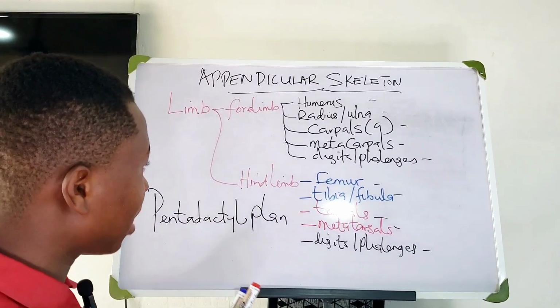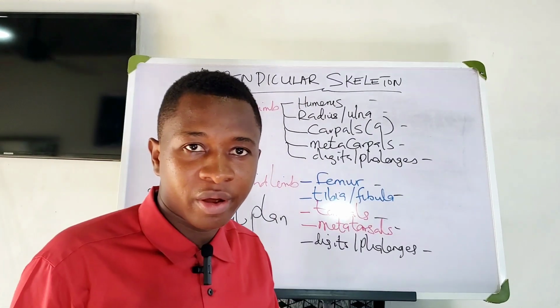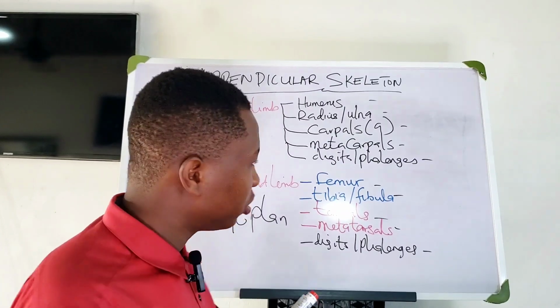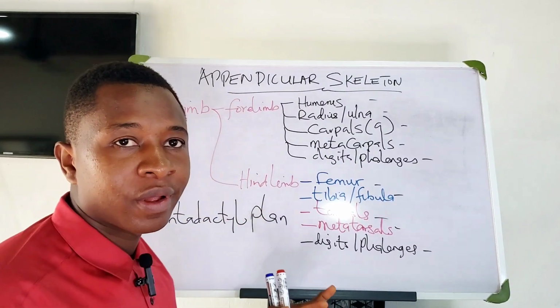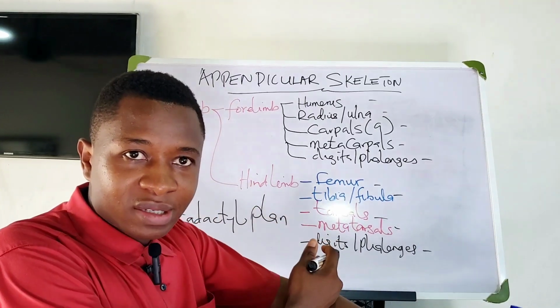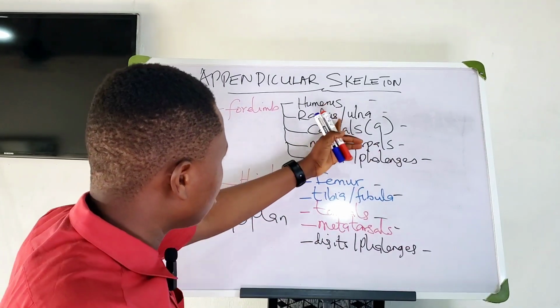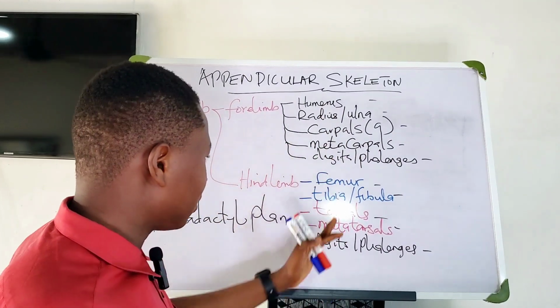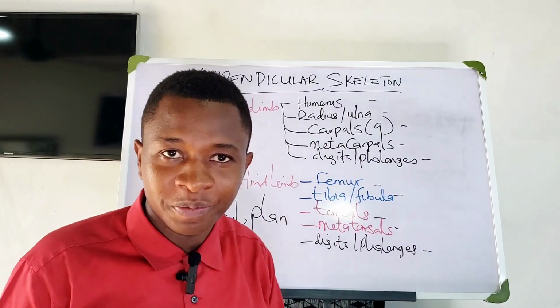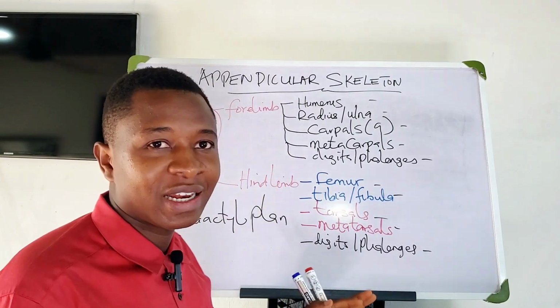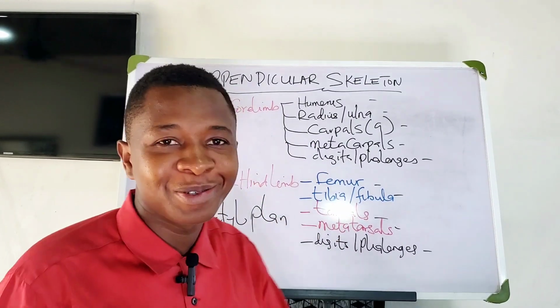All vertebrates, humans, rodents, as long as they are vertebrates, possess this plan of 5 bone segments. This plan is known as the pentadactyl plan. I hope this has been assimilated, and I hope it is very easy to understand.